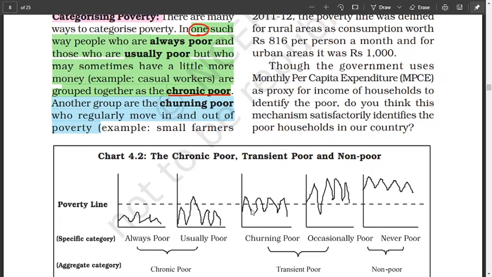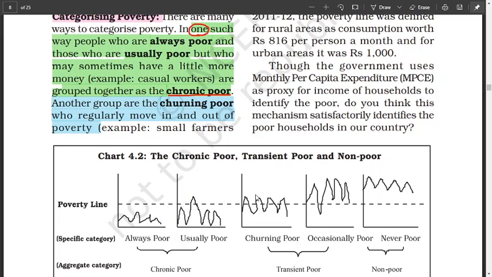These are the two graphs for the transient poor. In the transient poor, you have the churning poor who are sometimes high, low, high, low. Sometimes they are poor, sometimes they are above being poor. They get good access to basic needs, depending on the work. If the work is fine, they are not poor.